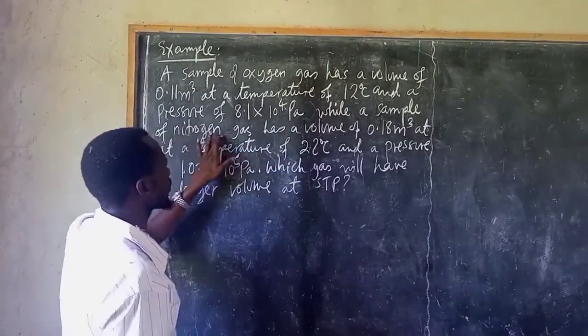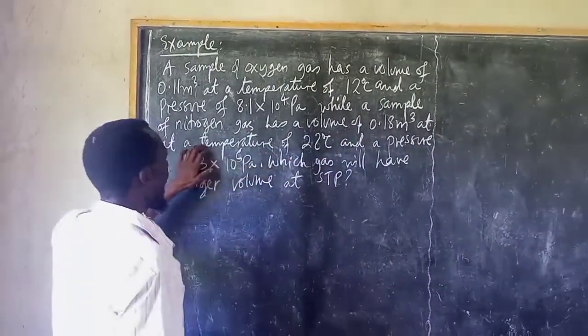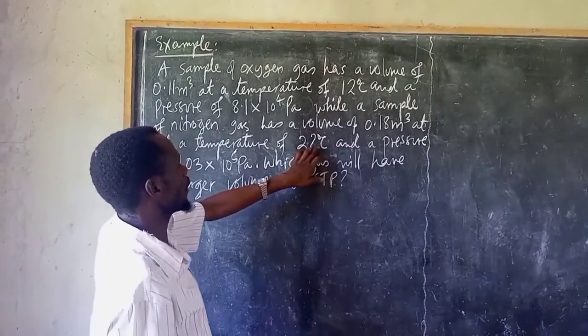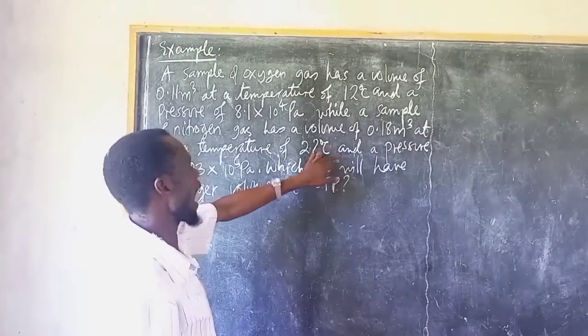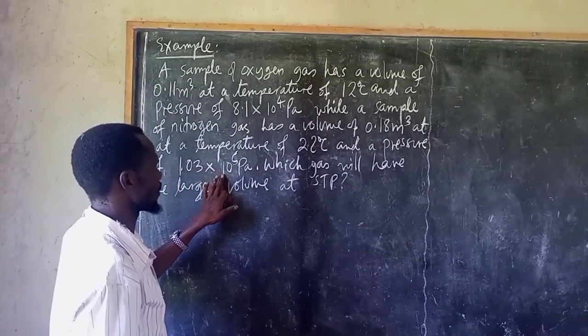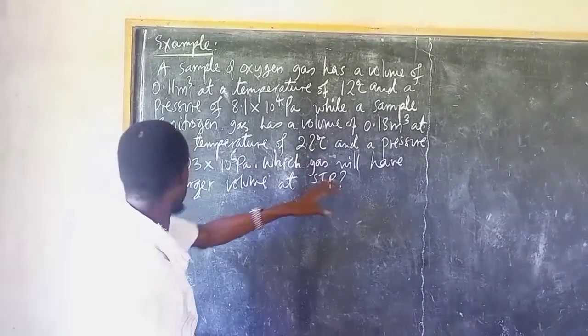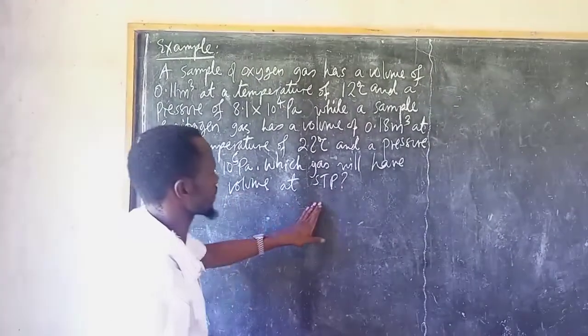While a sample of nitrogen gas has a volume of 0.18 meter cubic at a temperature of 22 degrees Celsius and a pressure of 1.03 times 10 raised to power 5 Pascal. Which gas will have the larger volume at STP?